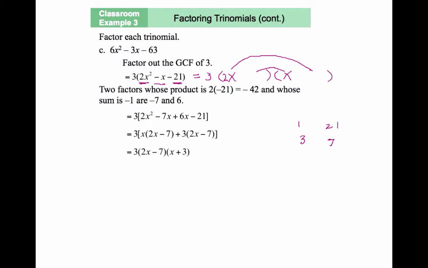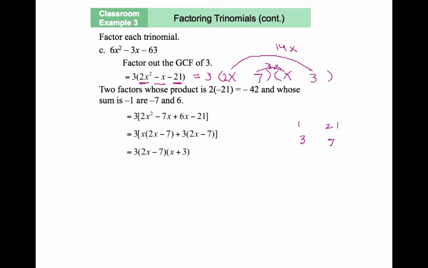We looked at this method last time. Let's say I put 3 here and 7 here, and multiply the two inner terms: I get 3x here and 14x here. Can I make minus 1 out of this? Obviously not. So in order to see if the other possibility works, I should switch the position of these.